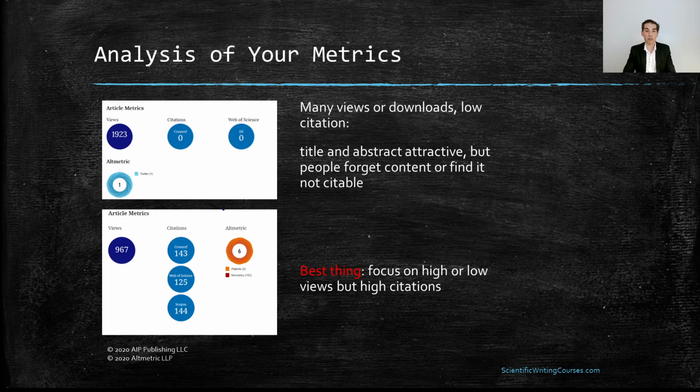So you see the different analysis that you need to do of your metrics to think what's the content of your paper, if you are doing a good job in your title or in your abstract, or what may be the reason behind this difference, right?